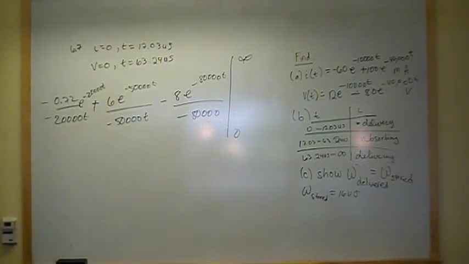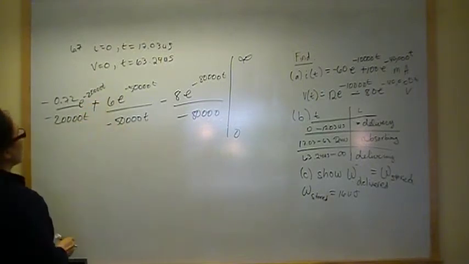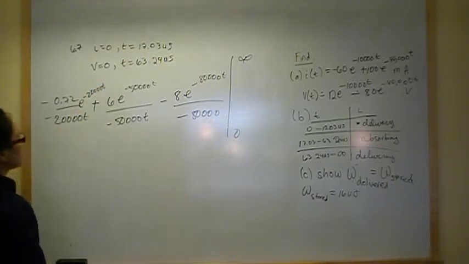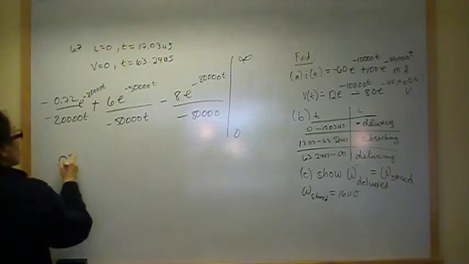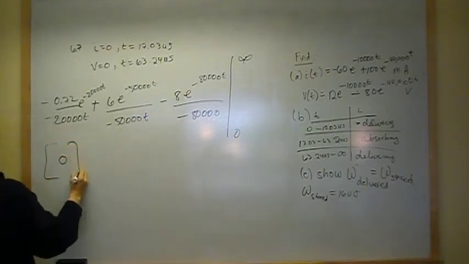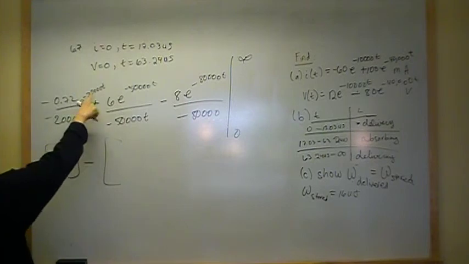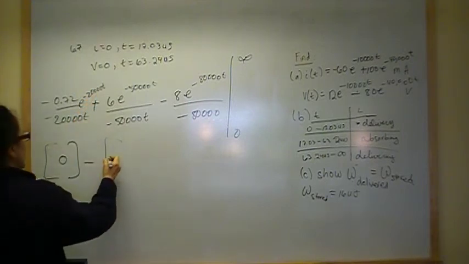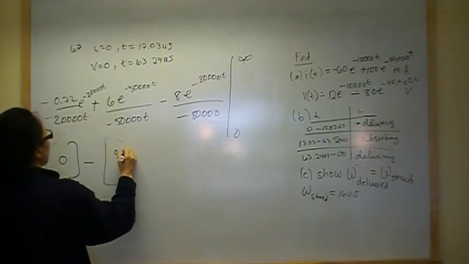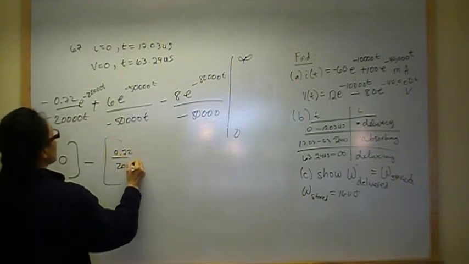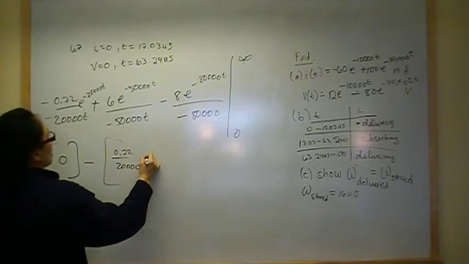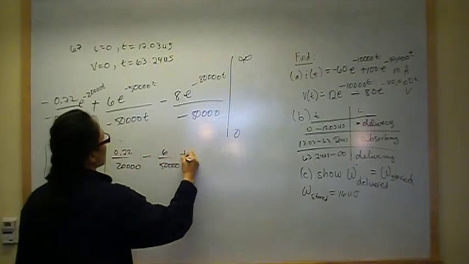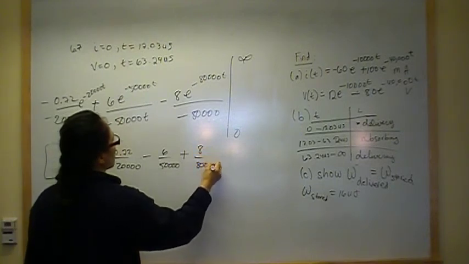At infinity, everything is 0, because the exponent is really big in the denominator, so it's going to go to 0. So this gives me a big 0 on the infinity end of things. Minus, at 0, everything is e to the 0 power, and anything to the 0 power is 1. So we're going to end up with 0.72 over 20,000 minus 6 over 50,000 plus 8 over 80,000.